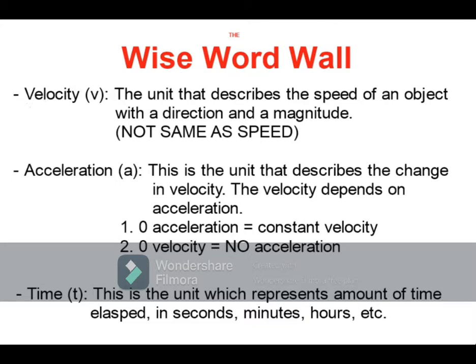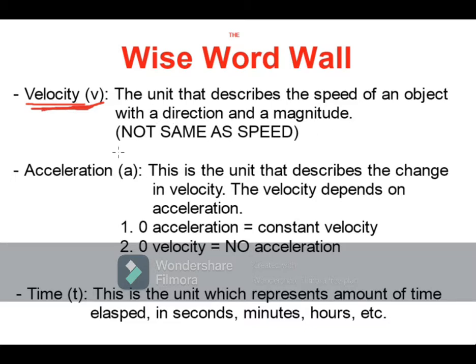So the first word, velocity. You've probably heard of it, but probably didn't know what it is. This is the definition: it is a unit that describes the speed of an object, but with a direction and a magnitude, which is a vector quantity, which you'll learn about soon.